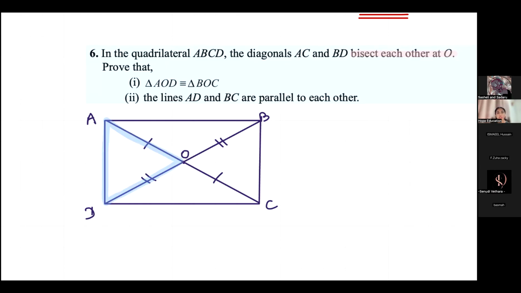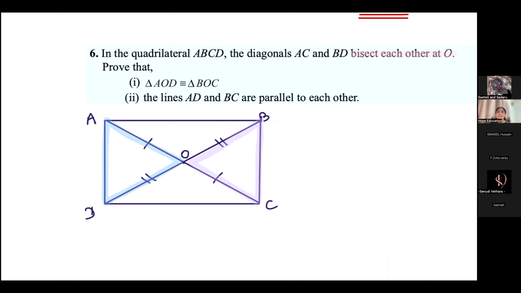They have not given it. We can't say they are equal because they have not said that. Later we might be able to say that they're equal, but for now we can't. So we have to make these 2 triangles congruent, AOD and BOC.